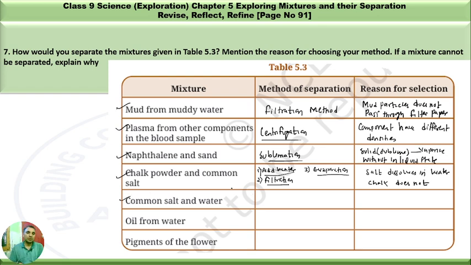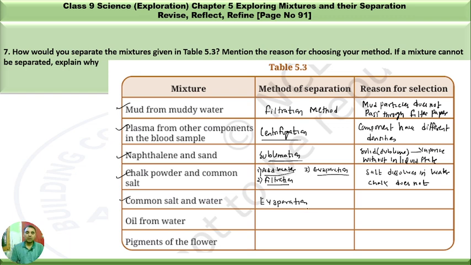Next mixture is common salt in water. For common salt in water, the simple method is the evaporation method. In evaporation, we have common salt solution, that has a good amount of salt in water.